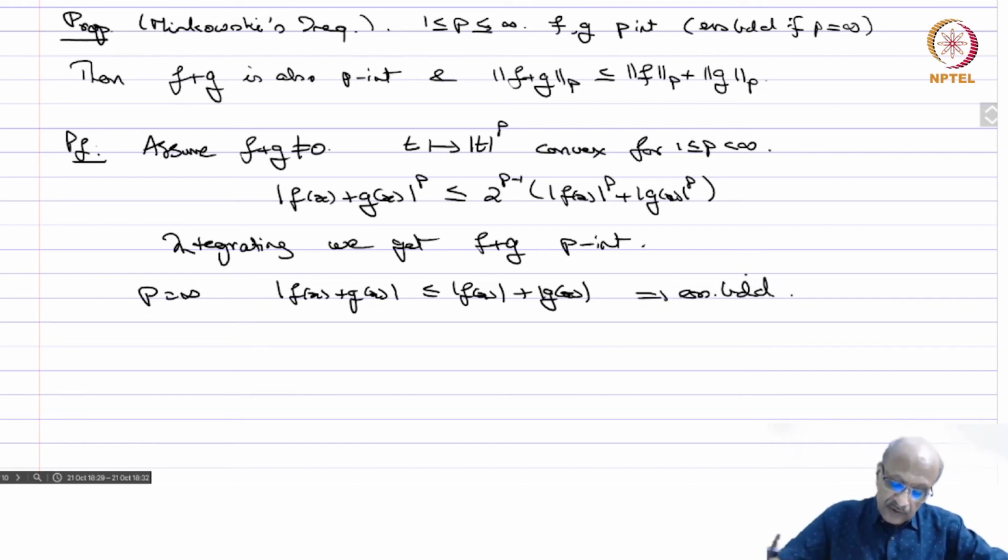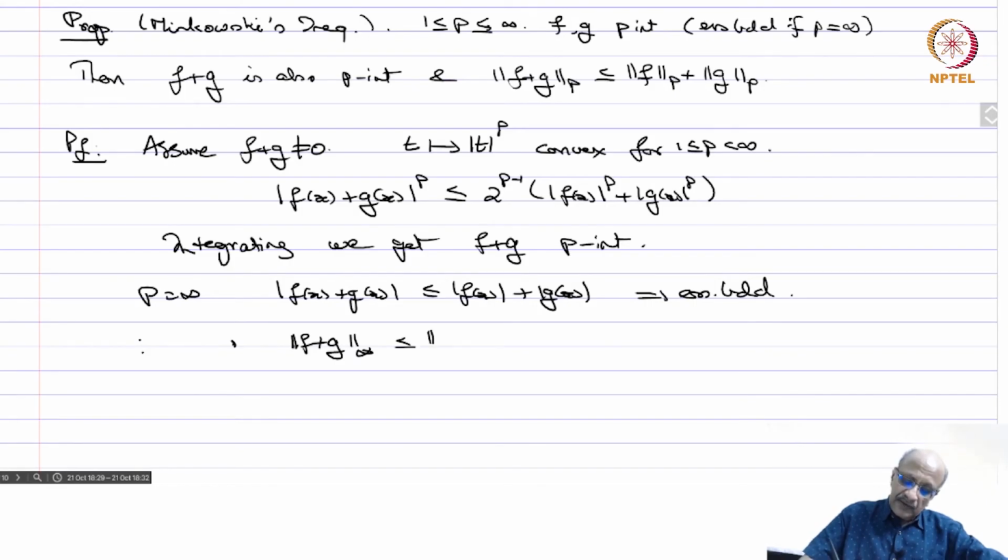Okay, so there is nothing to prove. So now if p equals 1 or infinity, if p equals infinity, you get from this that norm f plus g infinity is trivially less than norm f infinity plus norm g infinity.